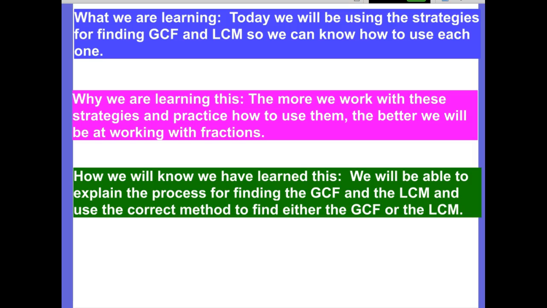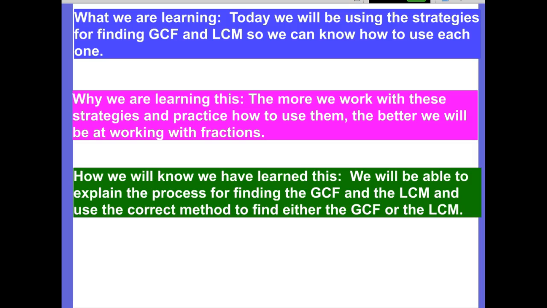So taking a look at what we are learning. Today you're going to be using the strategies for finding the greatest common factor and least common multiple so we can know how to use each one. Why we are learning this? The more we work with these strategies and practice how to use them, the better we will be at working with fractions.